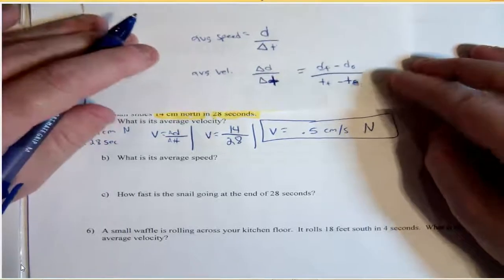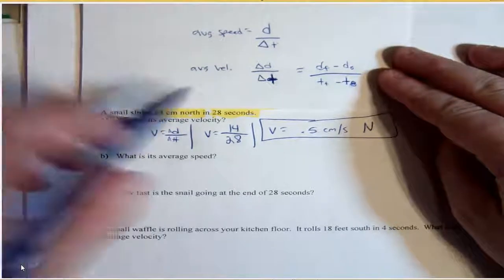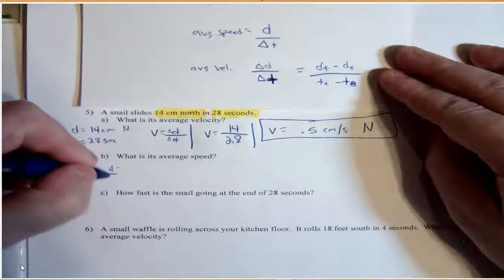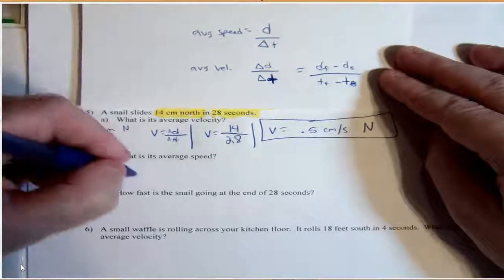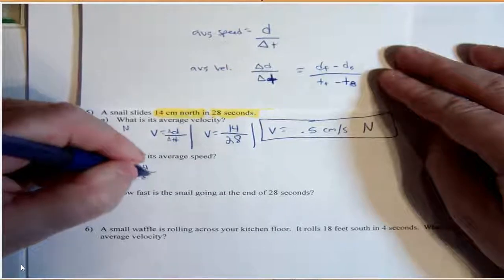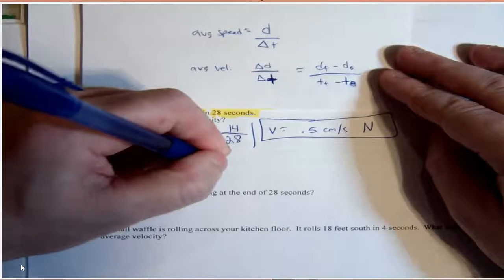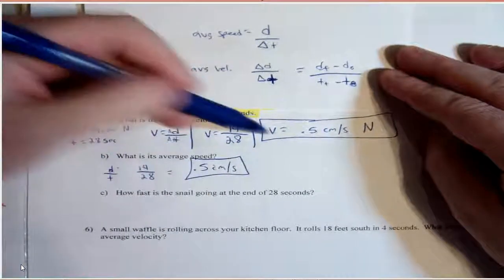Okay, so what is its average speed? Well, let's look at it. Average speed is distance divided by time, rather than displacement divided by time. 14 divided by 28, it's going to be 0.5 centimeters per second. So, what's the difference between these two answers?